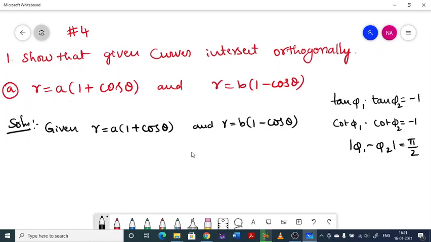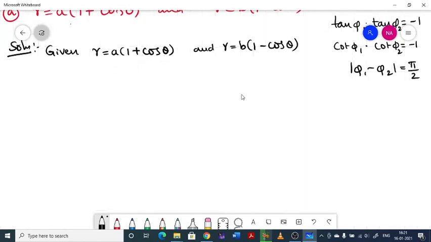Since we have minimum space here, I'll consider r equal to a times of 1 plus cos theta first. Then I'll find phi 1. As usual, we need to take log on both sides, then differentiate with respect to theta.